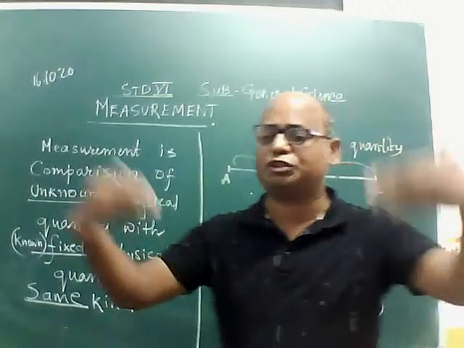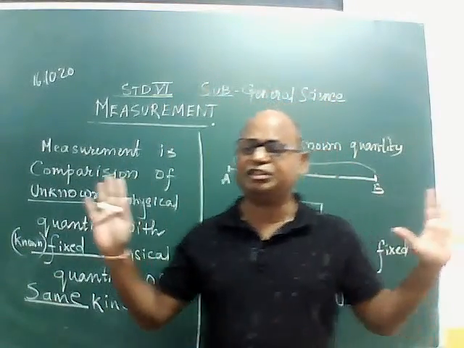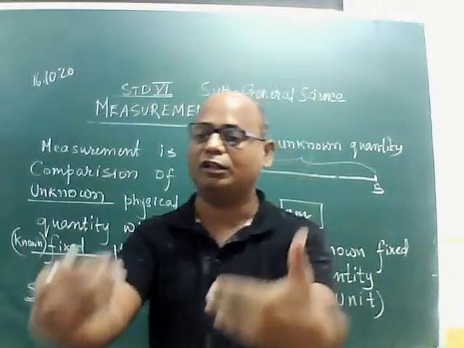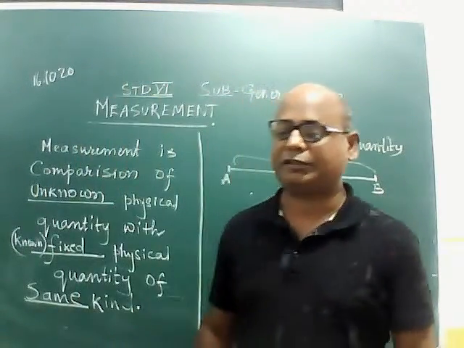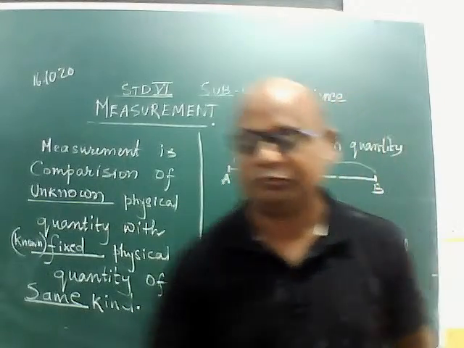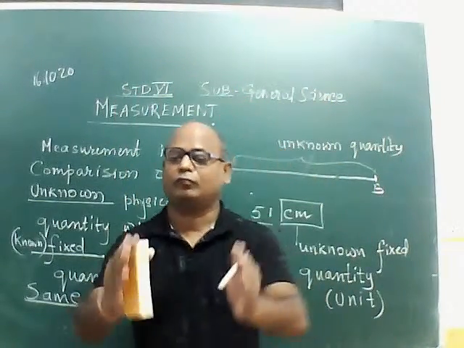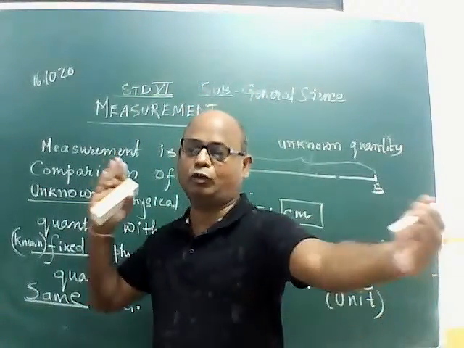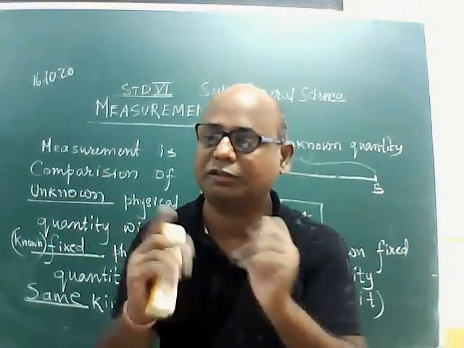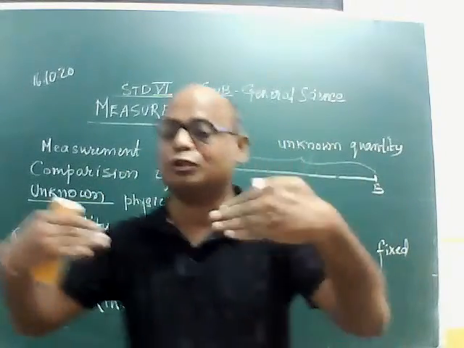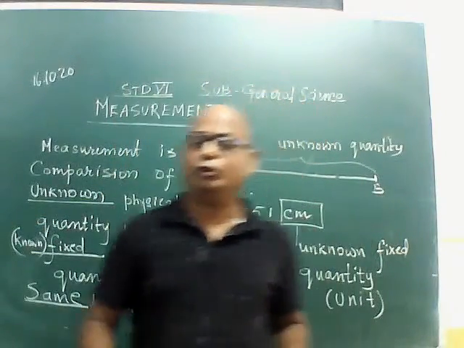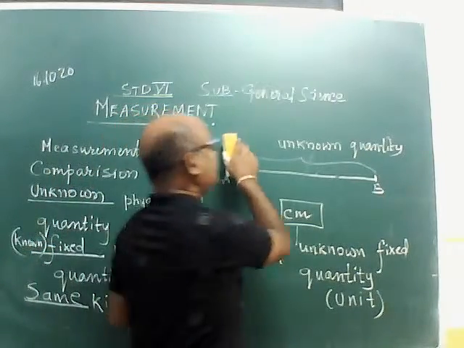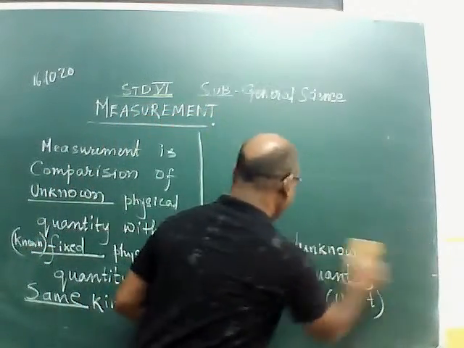Then we also studied that in ancient times people used different body parts for measurement. Okay, but there was some problem, because for each and every person the length of the body part may be long or it may be short. It will vary from person to person. So what body parts did we already study that in ancient times were used to measure physical quantities?